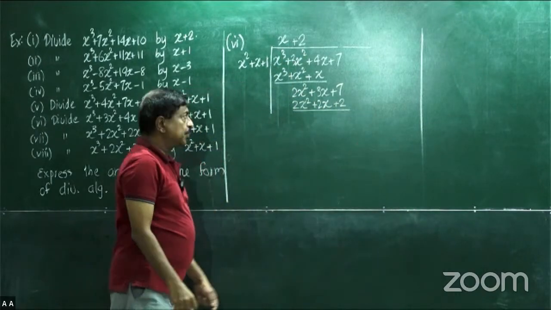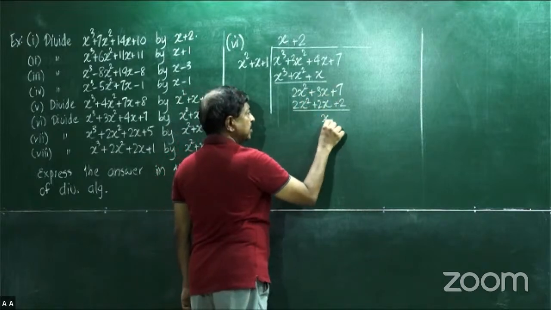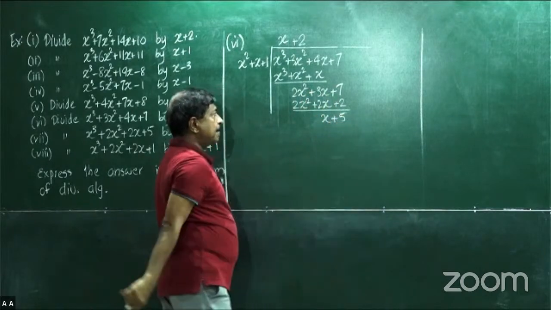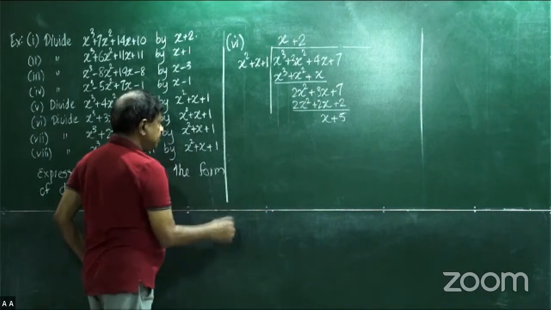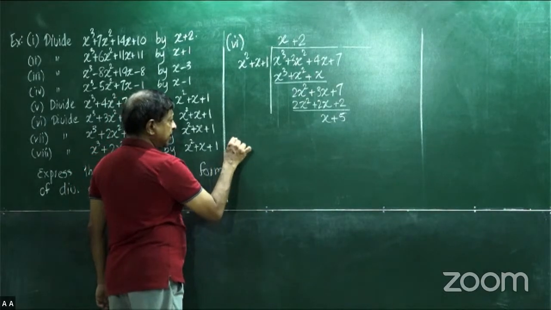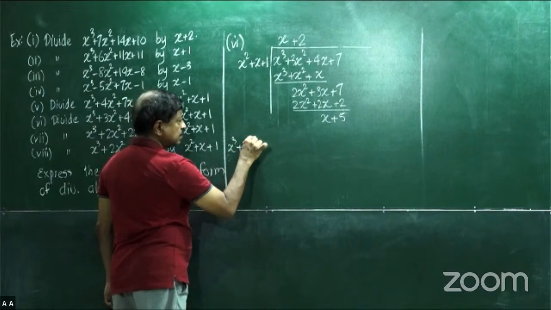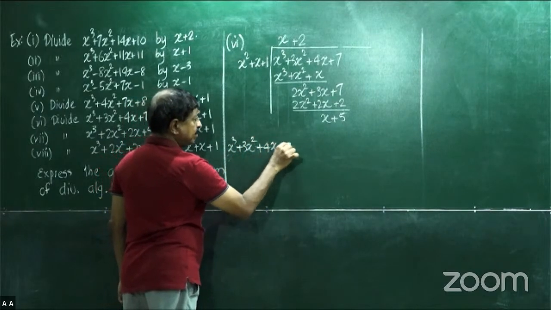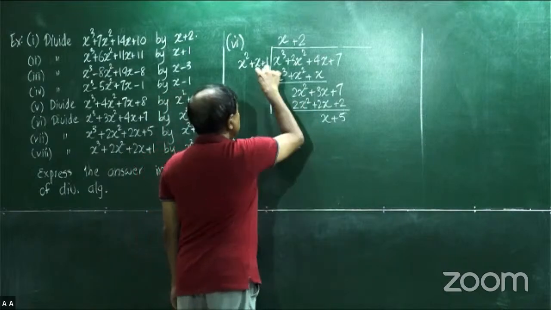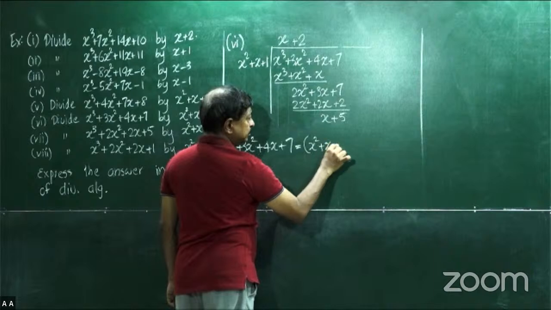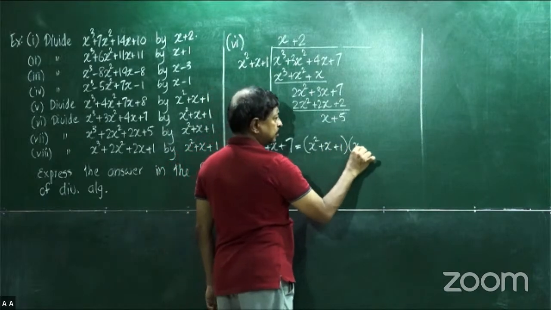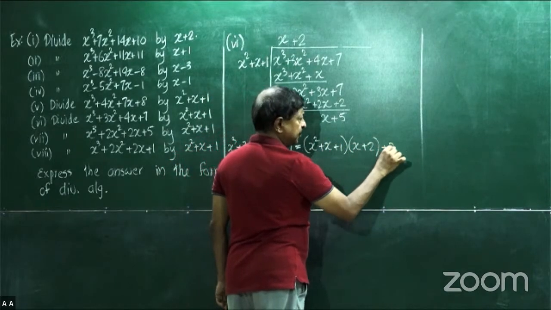So when you subtract, you get x plus 5. Now you can write this in the format of the division algorithm. So you can write this one as the product of these two, plus x plus 5.